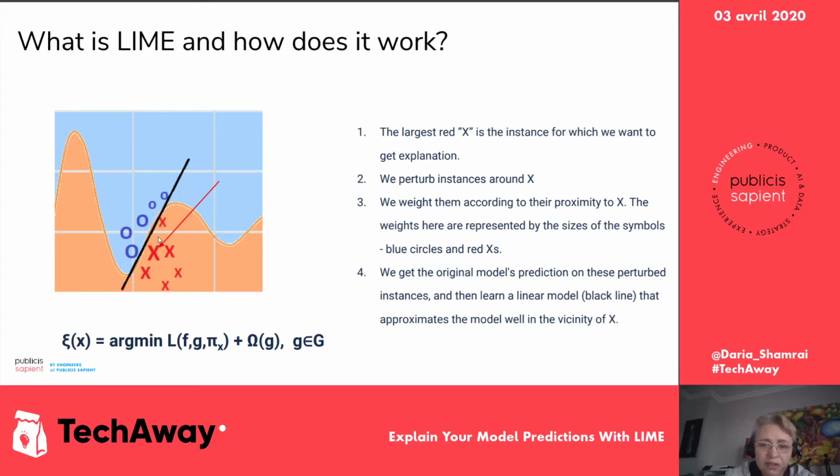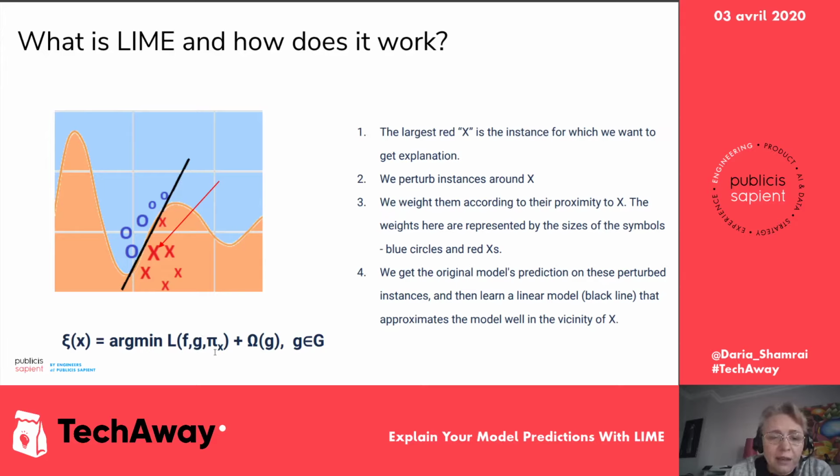And what we do is approximate the model well in the vicinity of our instance, and we get the explanation. So the generic formula for any explanation you can get with LIME is here under the chart. Without going into much detail about the mathematics, we need to minimize the error, which is a discrepancy between the original complex function f and our surrogate simplified function g, which has a lower complexity, which is not always possible to keep linear, but we should try to do our best.